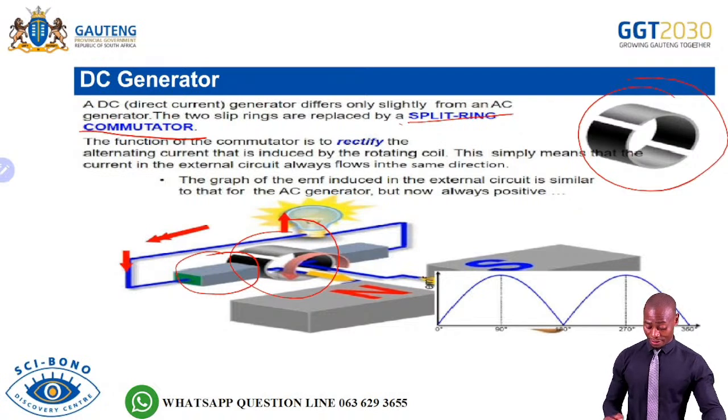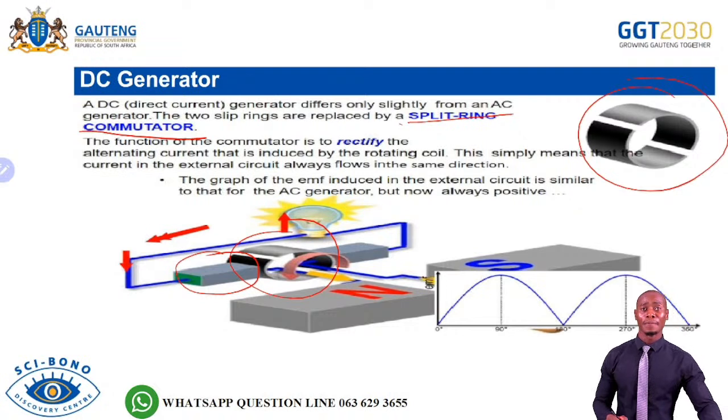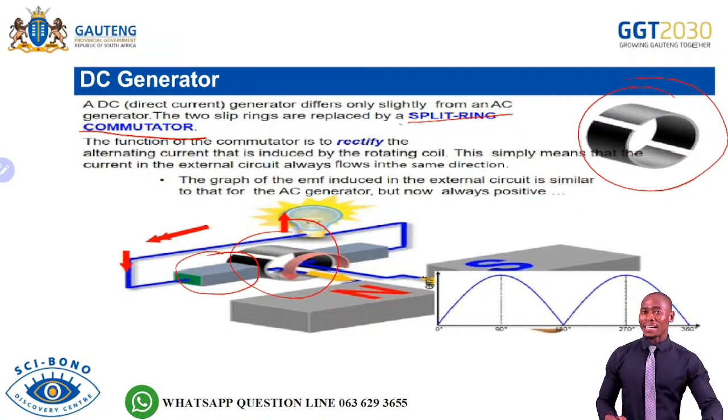And another thing that you need to be careful about, learners. Let me use this diagram. The difference when it comes to these two types of generators is in the external circuit. Remember, when it comes to an AC generator, there are slip rings. So slip rings ensure that the current changes direction after each half turn.